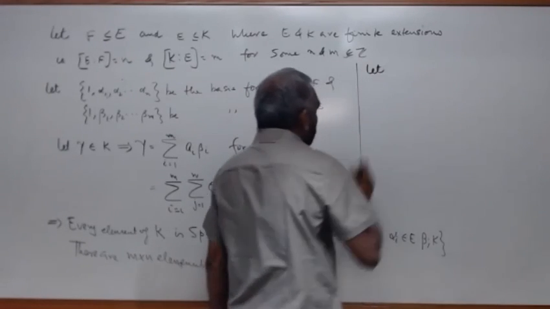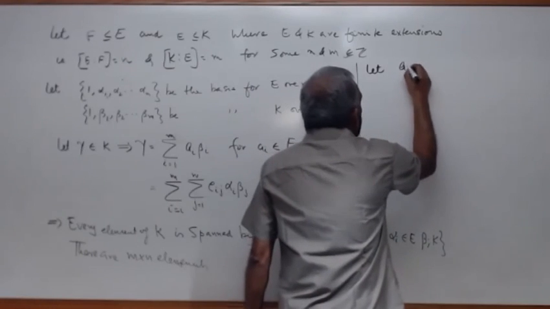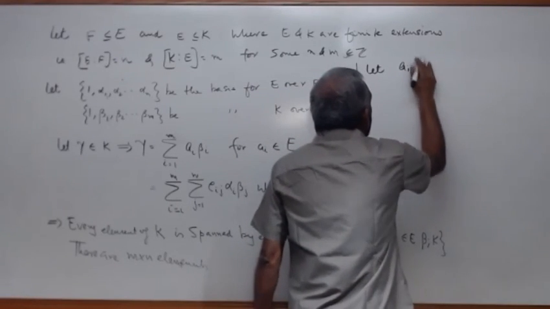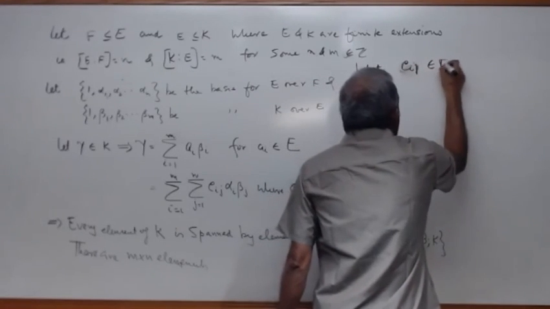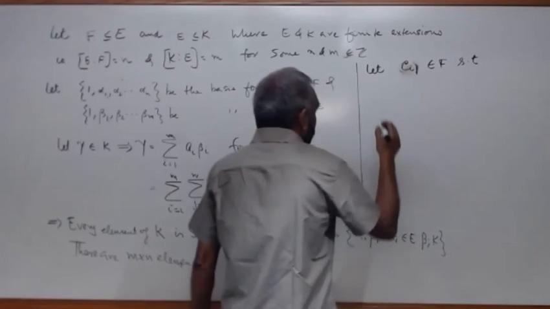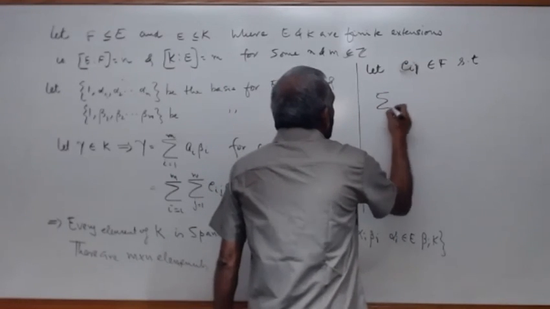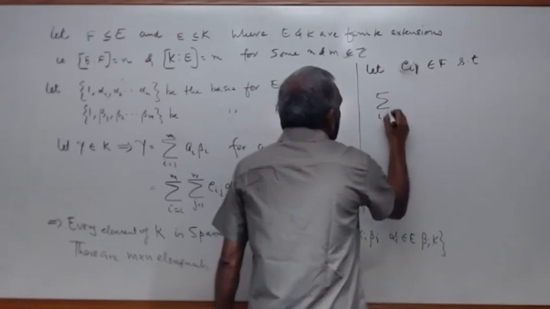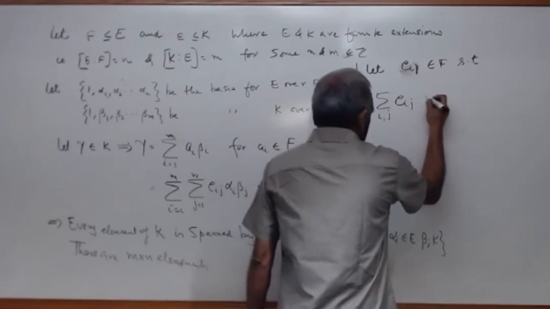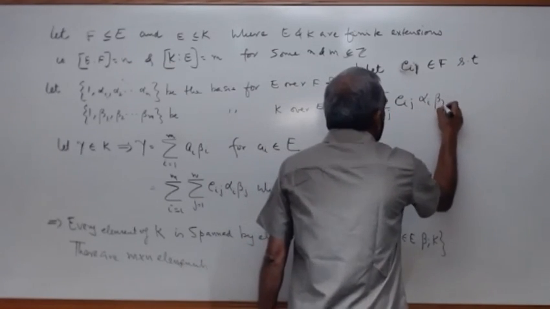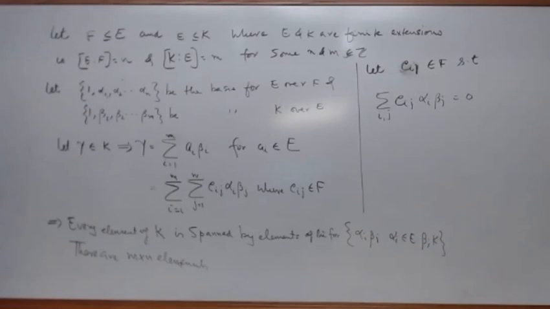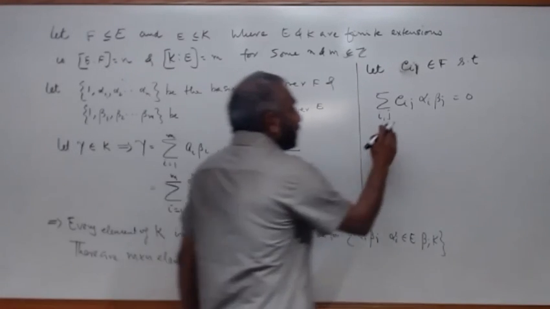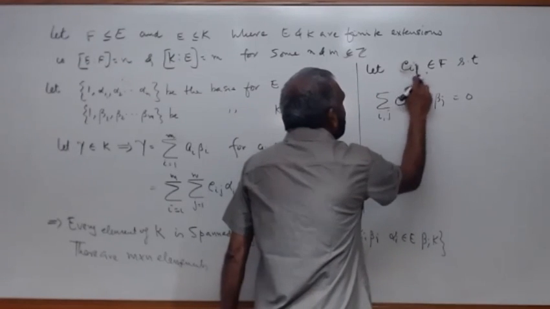Let c_ij belong to F such that the sum over i, j of c_ij alpha_i beta_j is equal to 0. If this is equal to 0, we need to prove that these are all zeros.